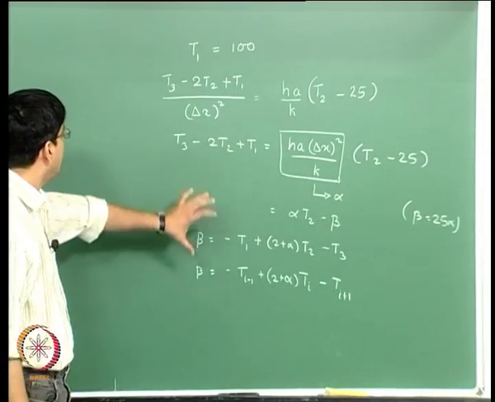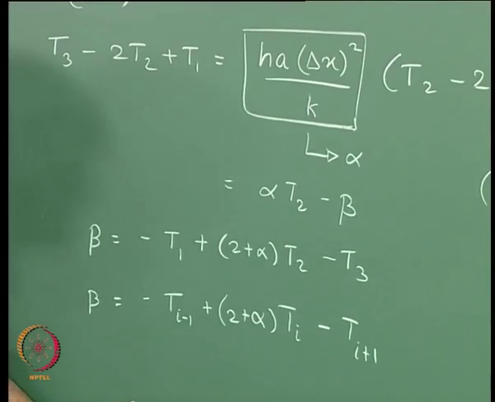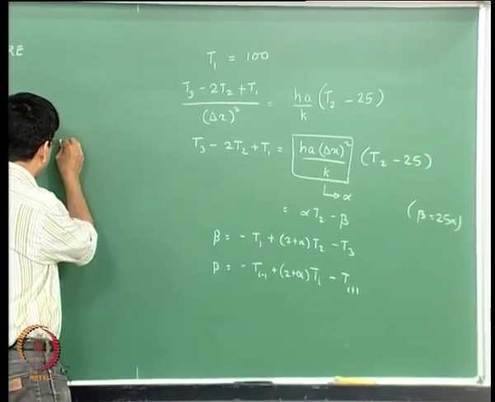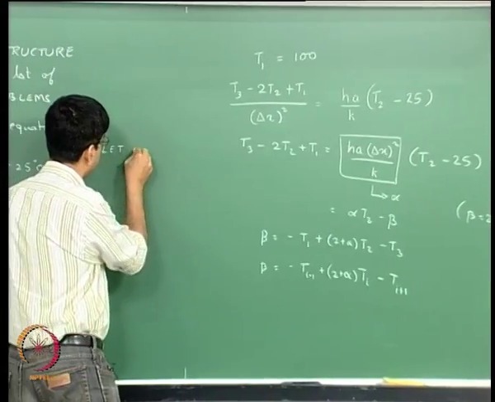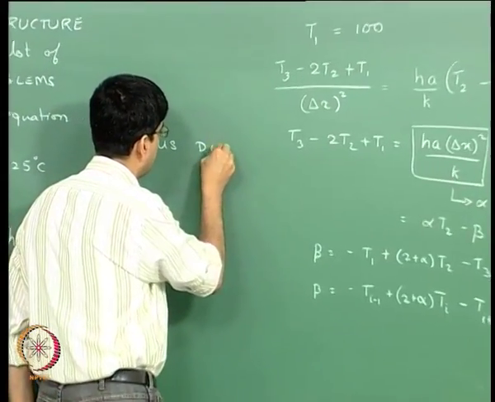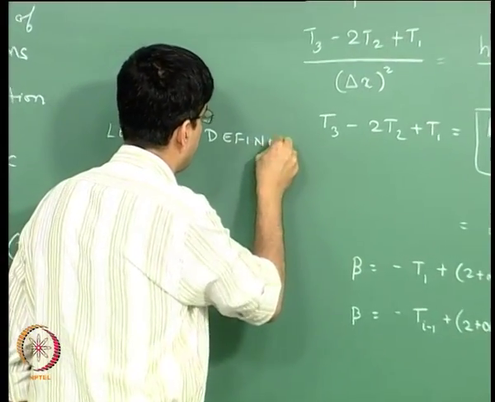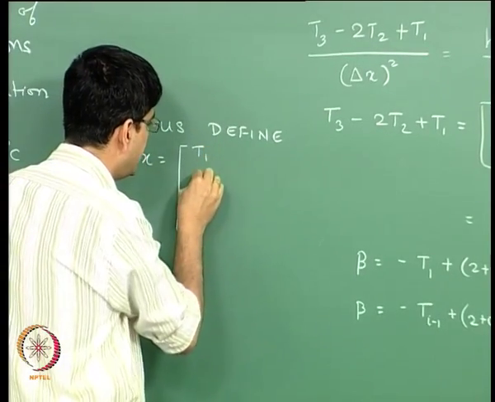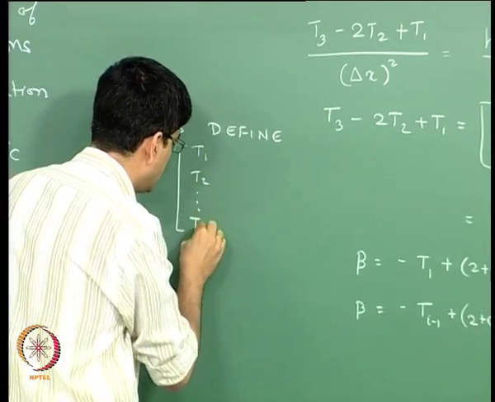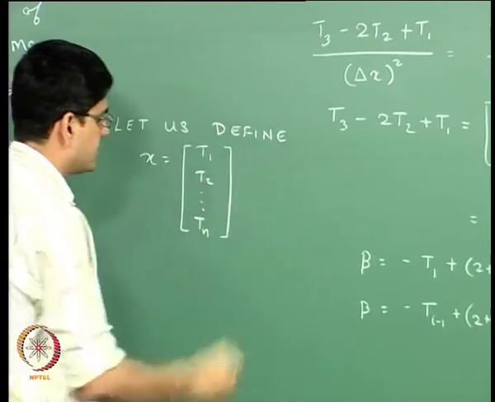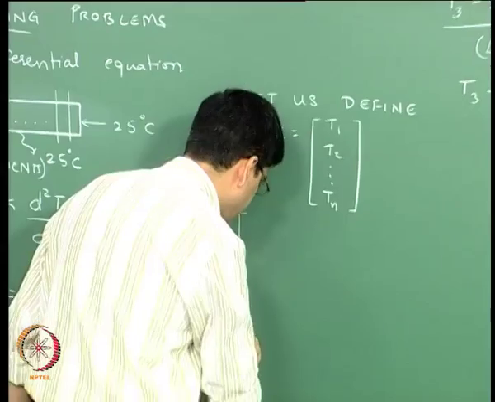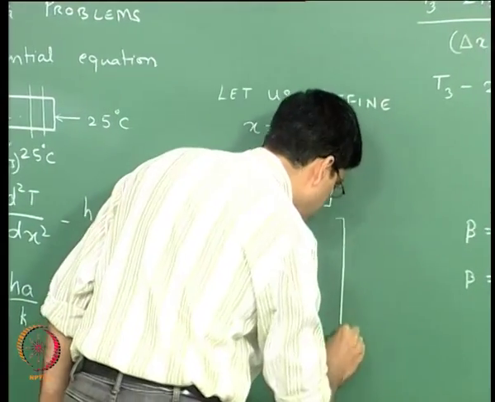Okay. So now the overall structure of our A matrix is going to be determined as follows. Let us define X equal to T1, T2 and so on up to Tn. Then our equations can be written in a form like this.